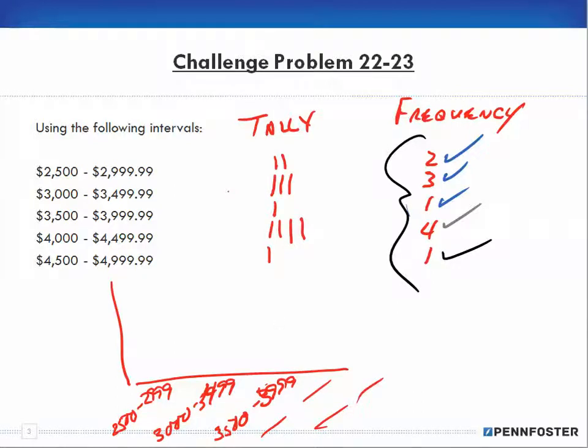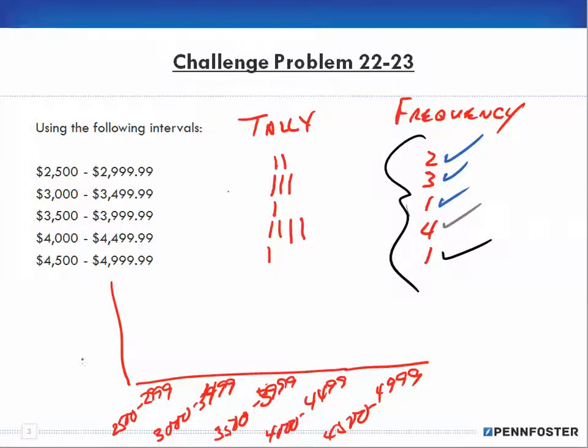Since I'm already halfway there, 4,000 to $4,499.99, and 4,500 to $4,999.99. And of course I'd put in the pennies.